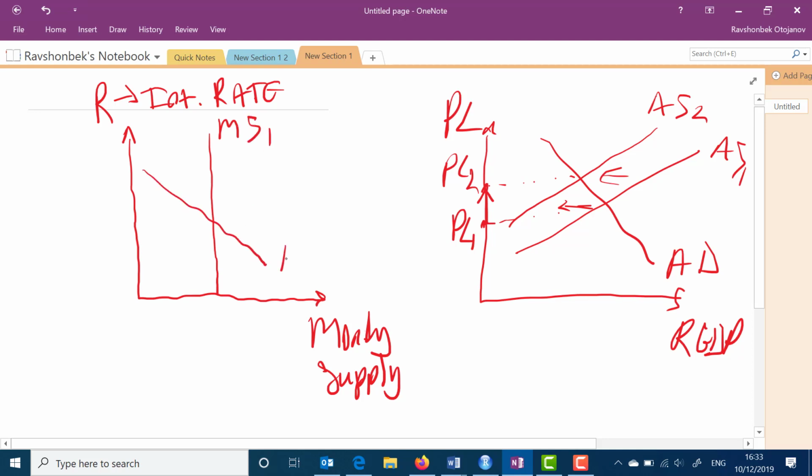So this is our money demand, but demand increases now because of price increases. When the prices increase, demand shifts upward. So this is our new money demand, and that causes the interest rate to go up. So that's an increase in interest rate.